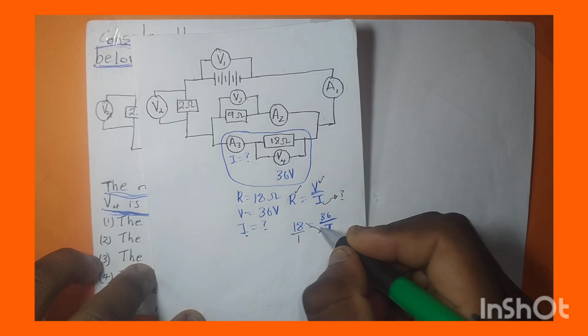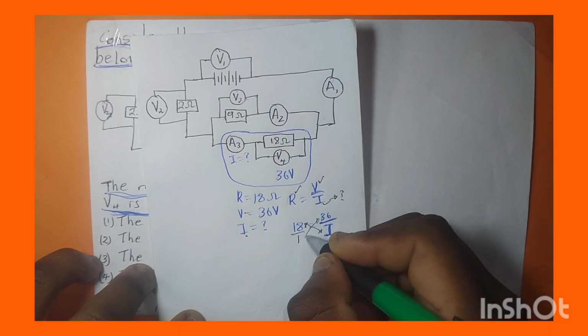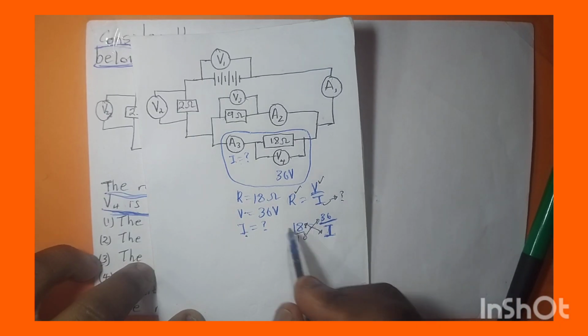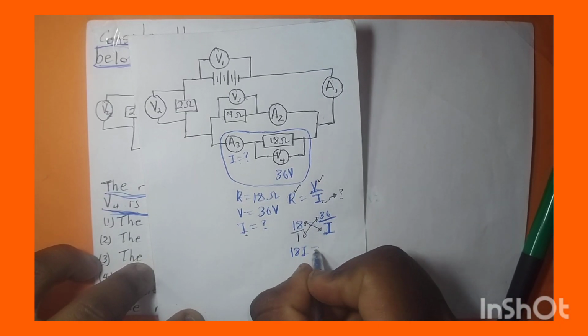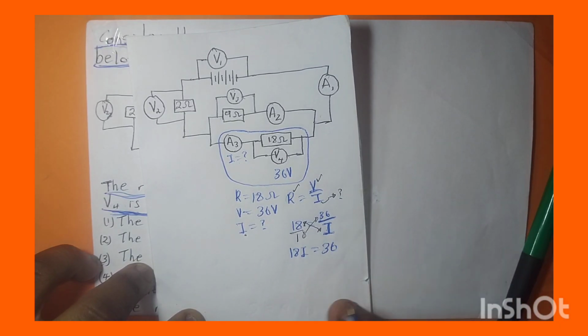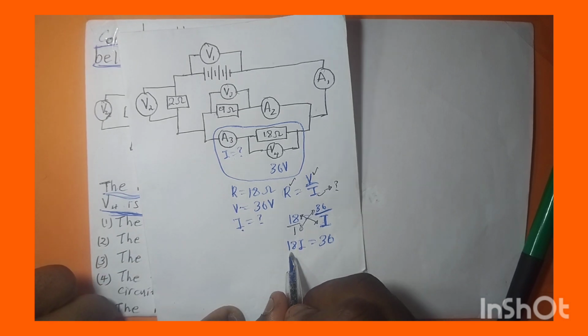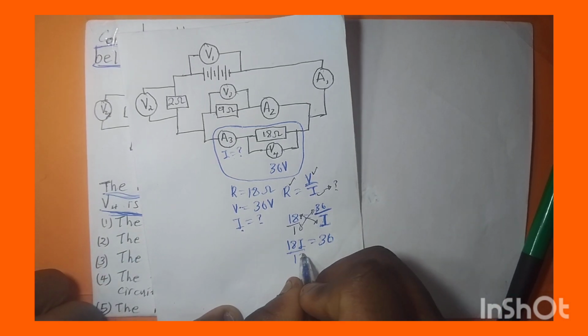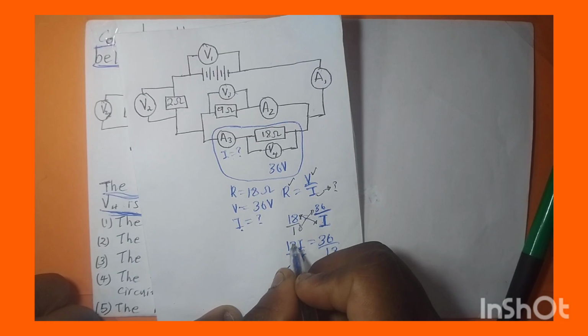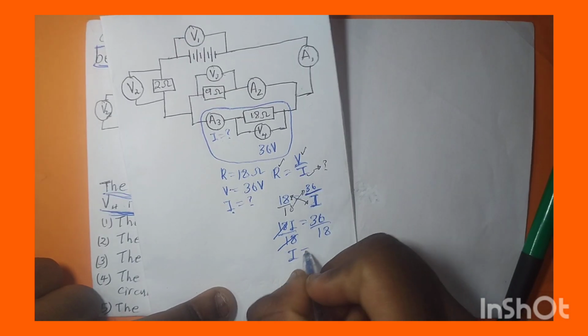This multiplied by that gives 18I, and this multiplied by that one is 36. Then divide by what is in front, cancel, so that you are left with I.